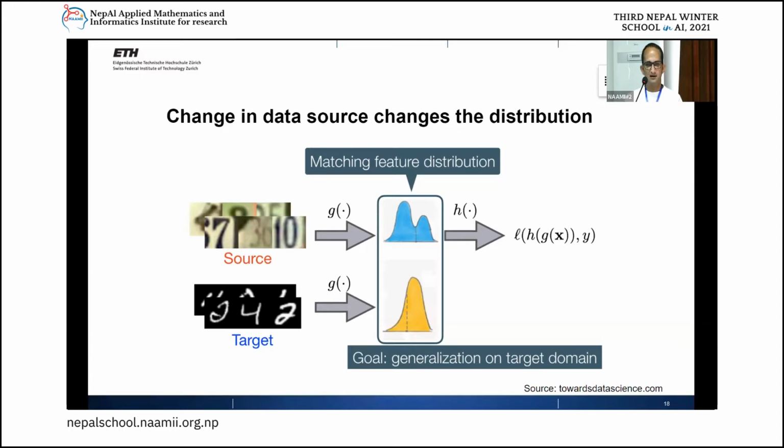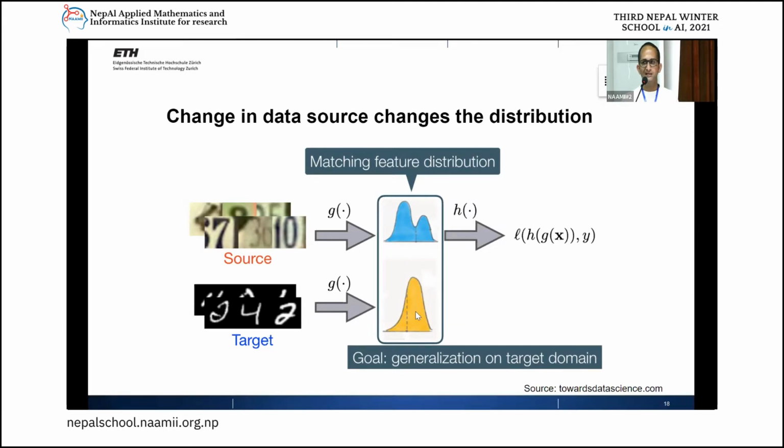seems unnecessary. But unfortunately, the previous theorem or theory we were discussing says that your test data has to come from the same distribution as the training data. Otherwise, there is no point. And in this case, it happens to not be the case. So maybe something can be done to align these two distributions.